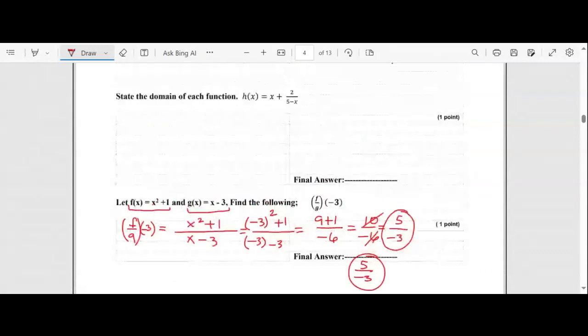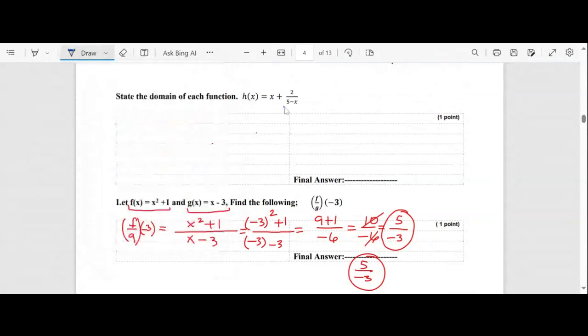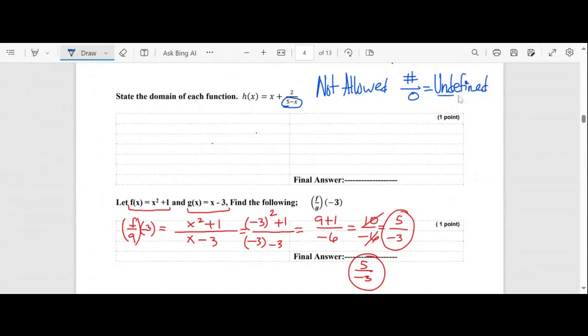It's asking you to find the domain. Okay. So I always look at the denominator because it's not allowed to have a number over 0, because this means the result becomes undefined.